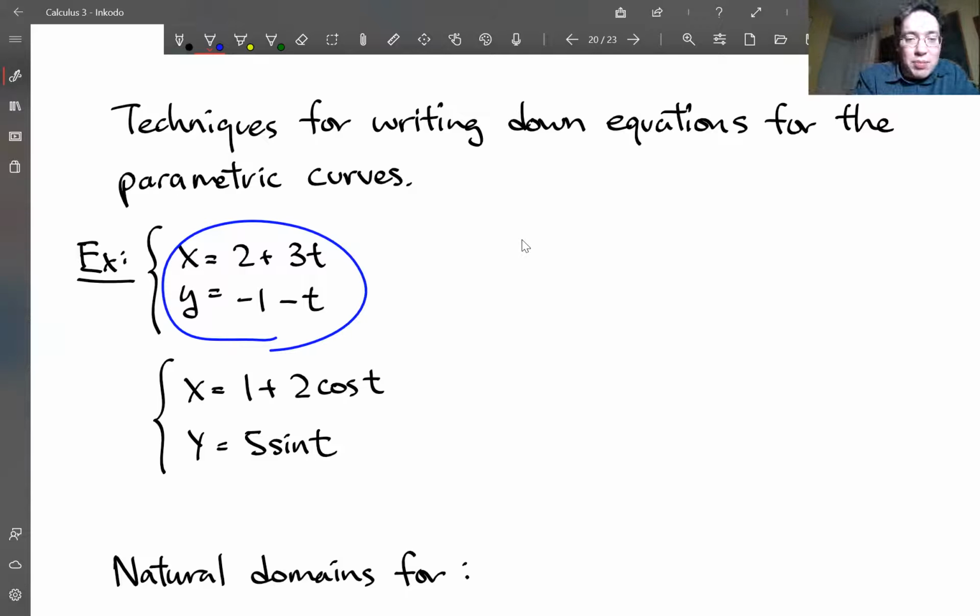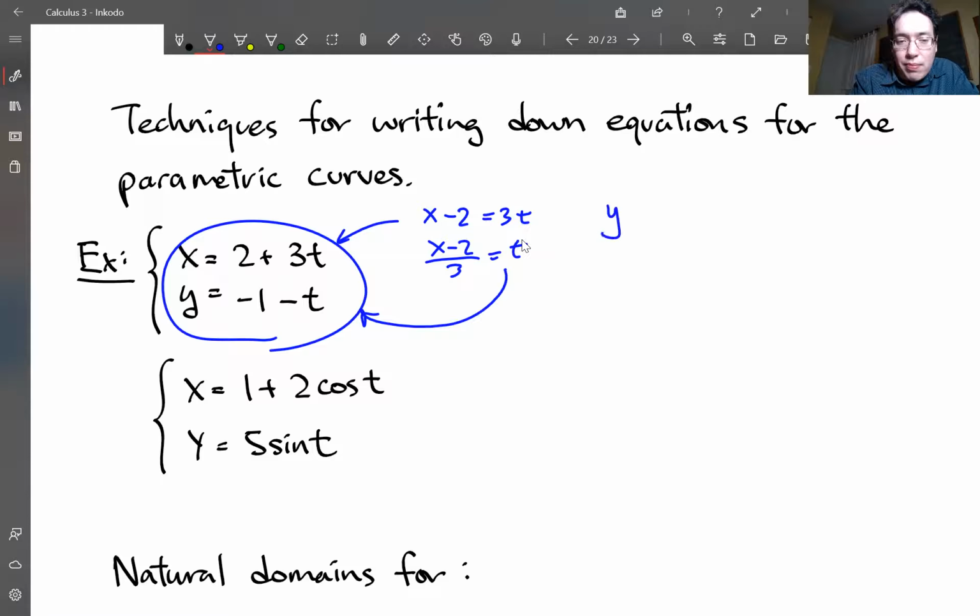So from the first equation, if I solve for t, subtract 2, and then divide by 3, I have solved for t, and then kind of substitute the t into the second equation.